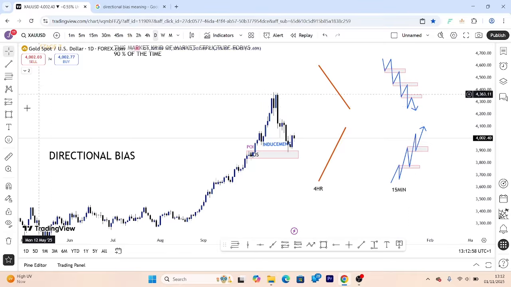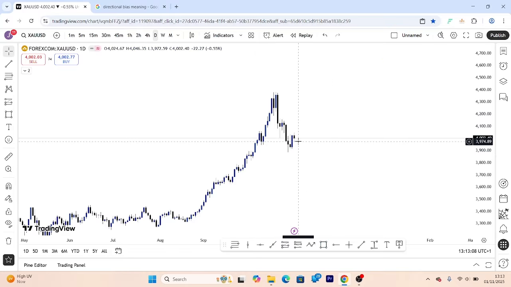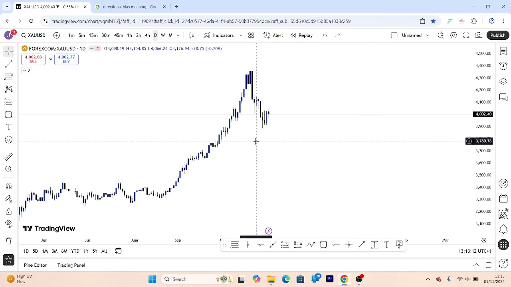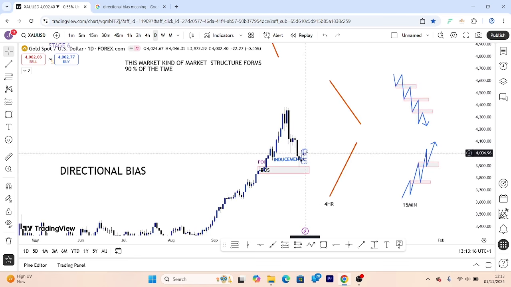So I'm going to use this box to highlight it. Okay, so we've highlighted it with a box.